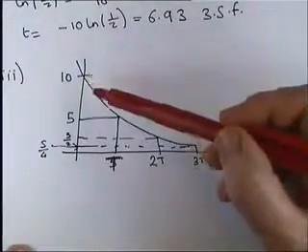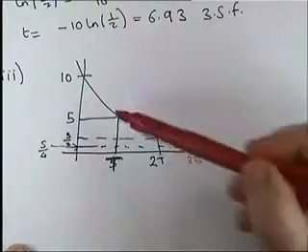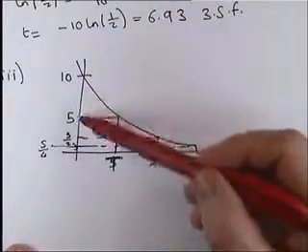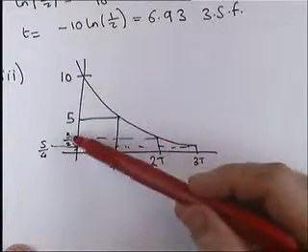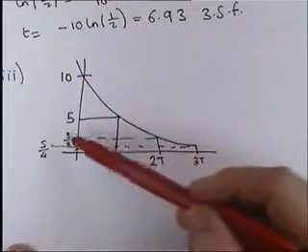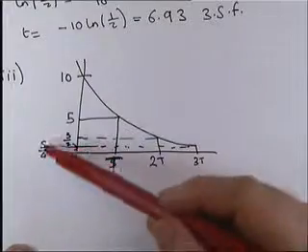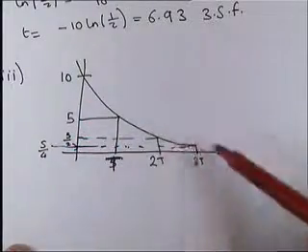It starts at 10, decaying away exponentially. You get 5 after t, and then at 2t it'll be half of 5, 3t will be half of that, so 5 over 4. So it's continuing to halve each time.